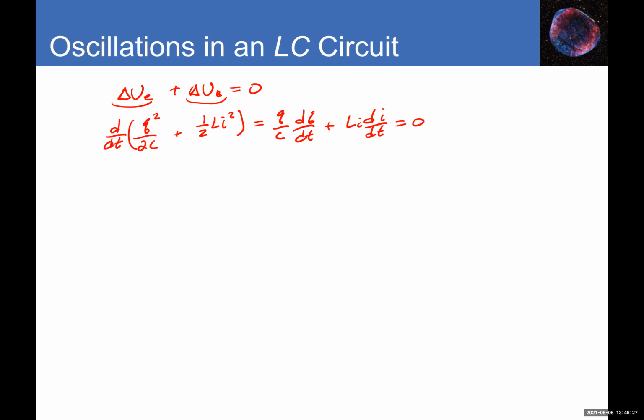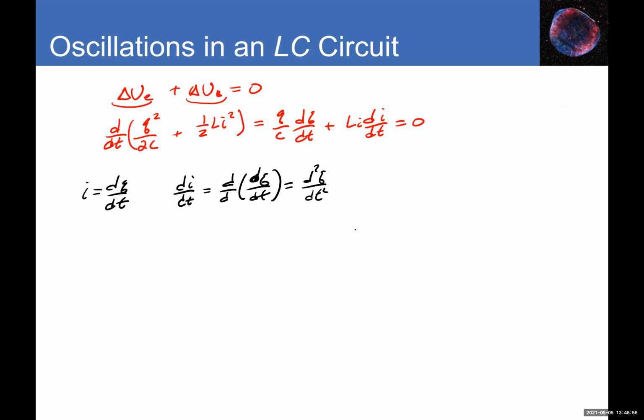That means from here we can rearrange, remembering that current i is equal to dq/dt. If I'm looking at di/dt, this equals d/dt of dq/dt, which becomes d squared q over dt squared.